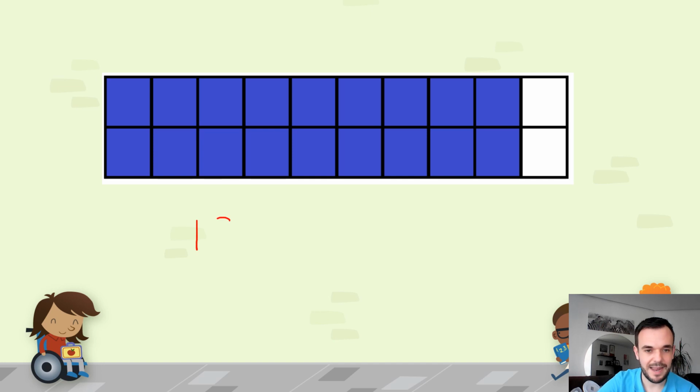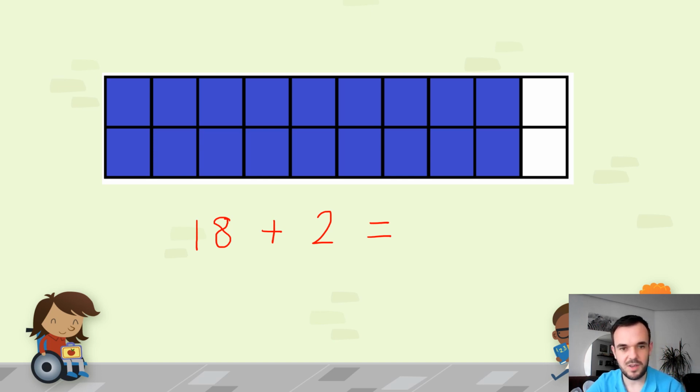A 1 with an 8 makes 18. And we're going to add the white boxes. How many white boxes can you see? Let's count them. 1, 2. We've got 2 white boxes. So our number sentence is 18 add 2. And we know there are 20 altogether. So we can say 18 add 2 equals 20. Great maths, everybody. Well done. You did really, really well.